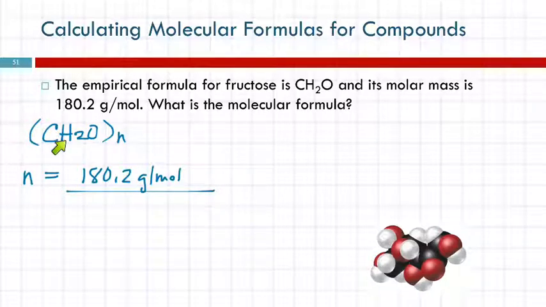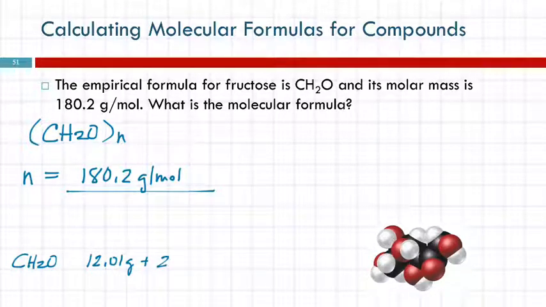If we find out the mass of this and divide that into the actual mass, we'll find out how many units are in there. So you take the empirical formula and you find its mass. There's 1 mole of carbon in there, 2 moles of hydrogen, and 1 mole of oxygen.